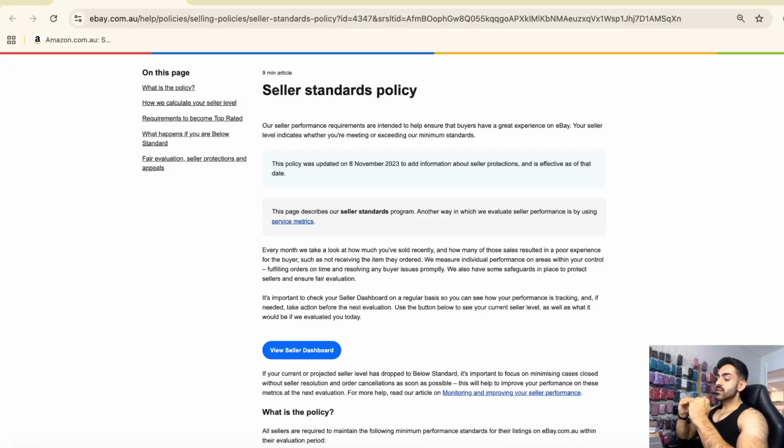And if there's a threshold, if you're exceeding better than that, they put you on top rated. Top rated basically means you're performing better than their standards. Above standard, you're performing within that standard or a little bit above, right? Below standard is you're performing below their expectations.